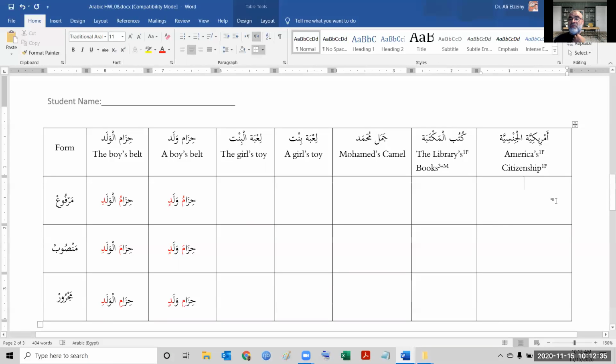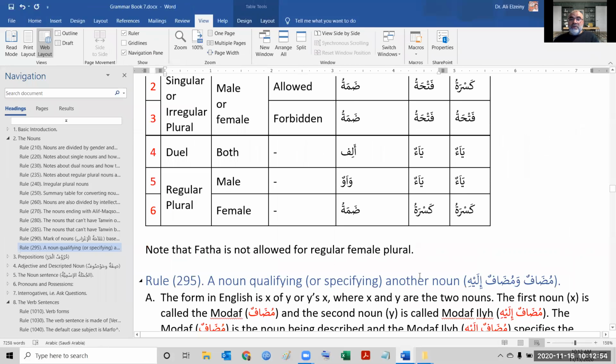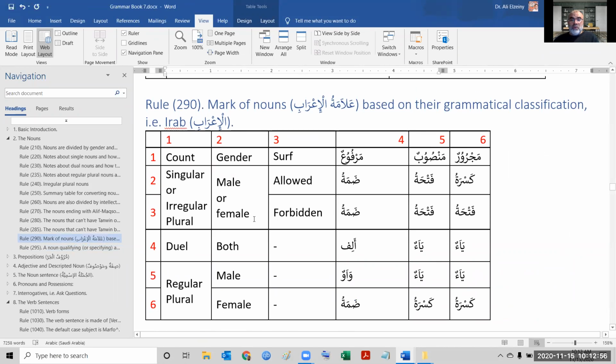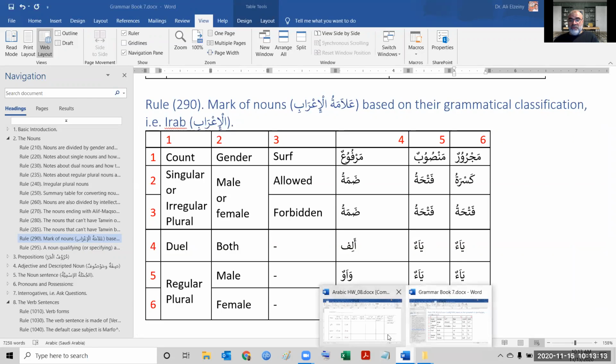Okay, so I'll copy this word here, put it here, and ask what I need to deal with. Two nouns. The first noun is أمريكية. Sarf is forbidden. I go here and say, for a female or male, if sarf is forbidden, then it's damma for marfu', fatha for mansub, fatha for majroor, because kasra is not allowed. If sarf is forbidden, kasra and tanween are also forbidden.